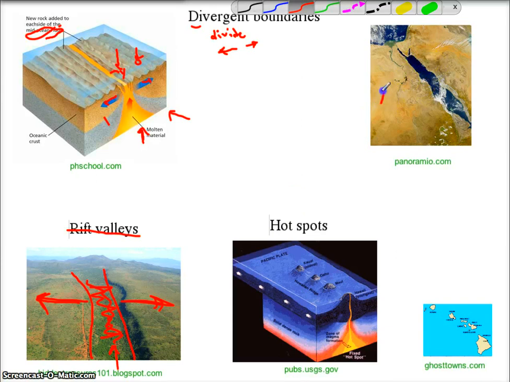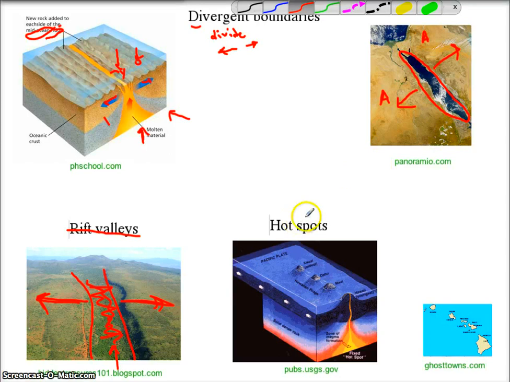This is Africa, the continent of Africa on the left here. And this is the continent of Asia up here. This area right here is the Red Sea. And scientists believe that this is one great big rift valley that has been filled in with water, that these two plates are going in opposite directions. And since it got below sea level, then you had the water coming from the oceans to fill it up.